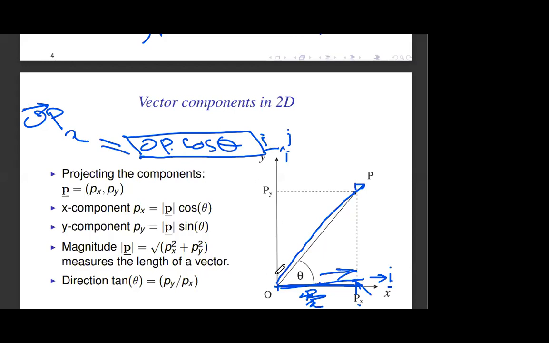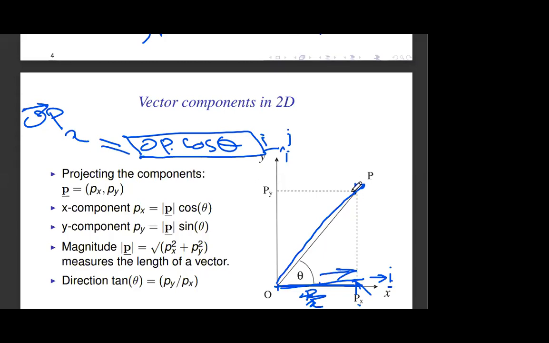Likewise, you can find the OPY vector, which is equal to OP sine theta times the unit vector along the OY axis, j. So you know this vector as well as this vector. Both directions are the same, and the magnitude is also the same.